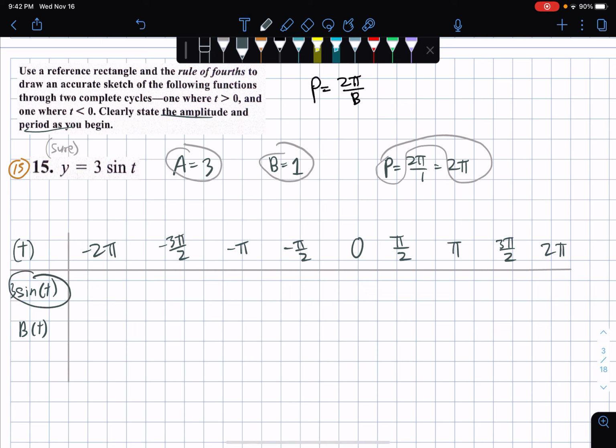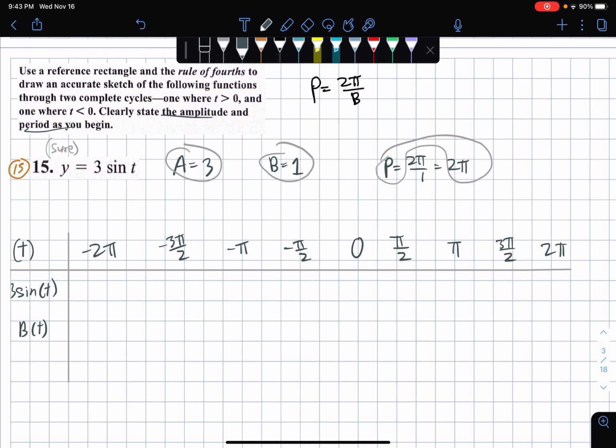And right now, it says here 3 sine t. Multiply all the t values with 3 sine, not just sine, since this time our amplitude is not 1, so we include the amplitude when we multiply it with the t values to get the amplitude.